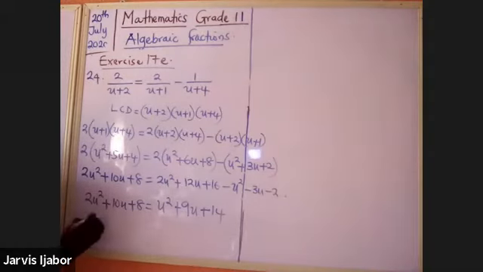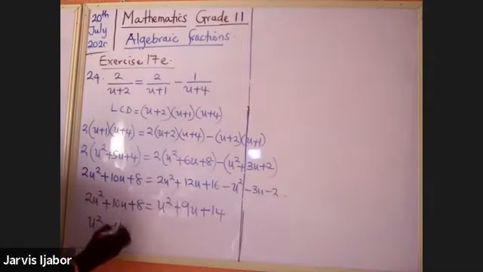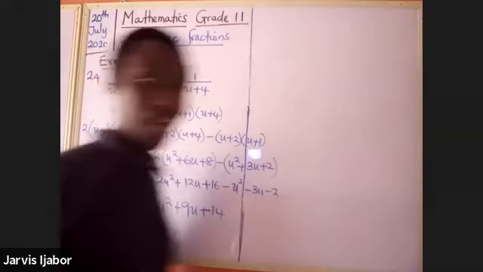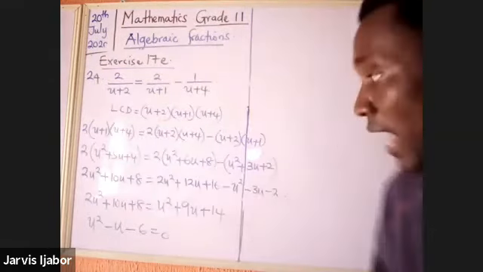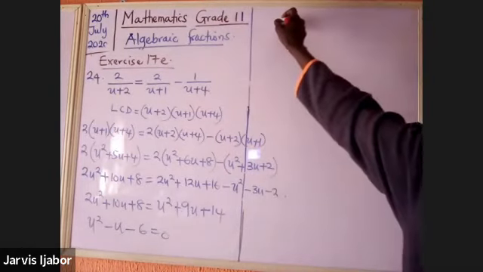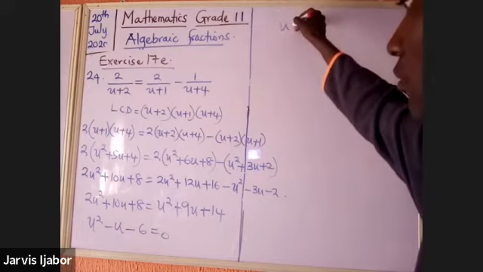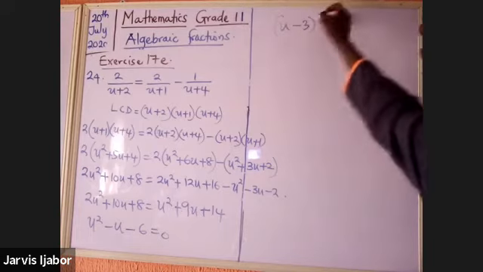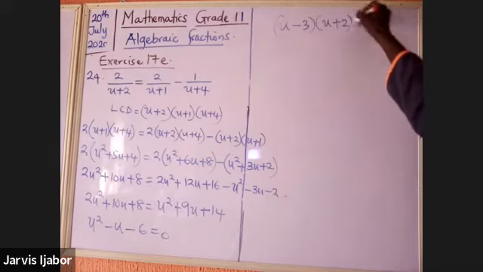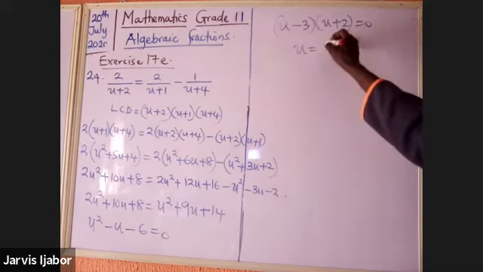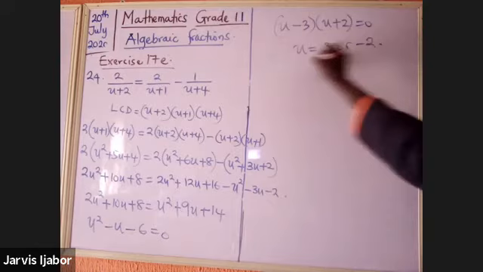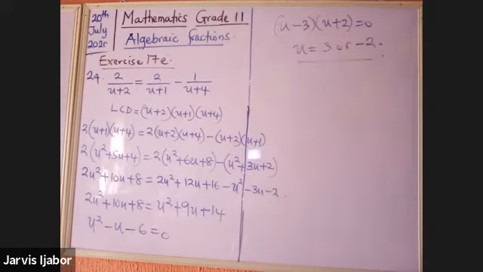This will be u squared, this minus this, this minus this, this minus this equal to 0. So with that in mind, we can now solve and get that u minus 3 into u plus 2 will be equal to 0, meaning that u will be equal to 3 or minus 2. That will be the answer for that question.